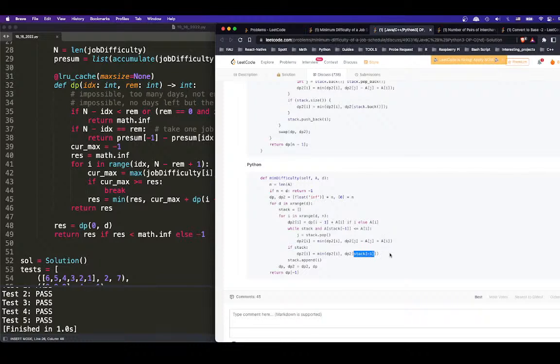It's larger than the current one. Therefore, if you keep working towards i, the difficulty of today does not increase. So we stay at this level. So if your current one becomes bigger than the previous, then we don't take it.